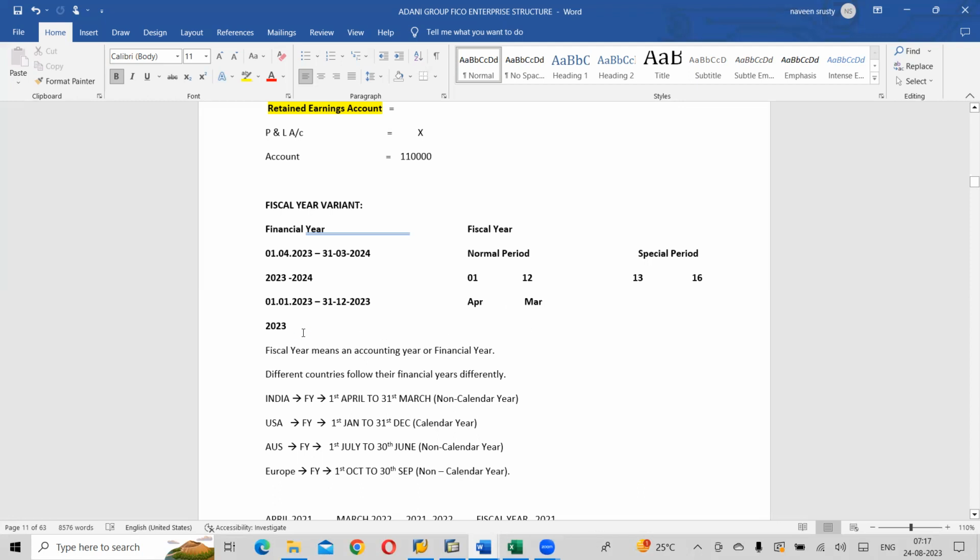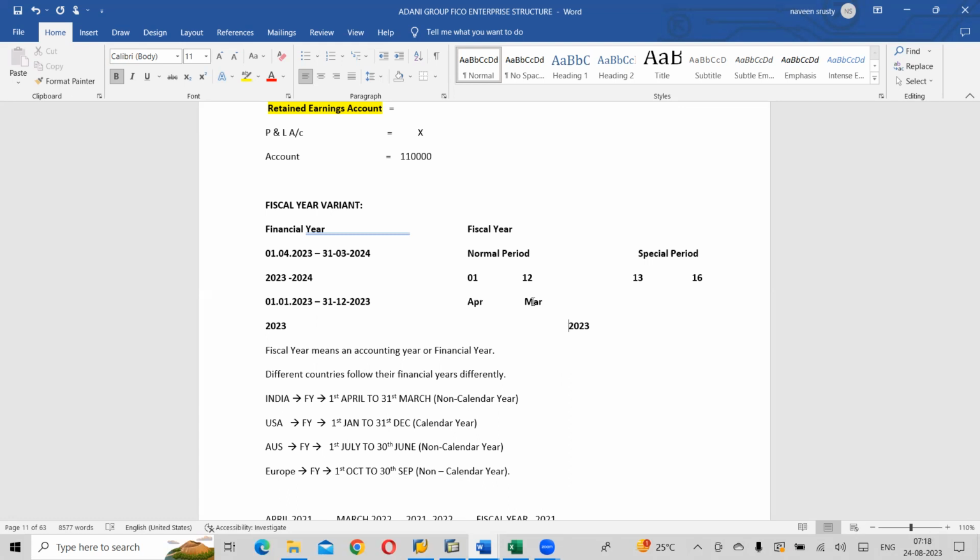Even though it's related to 2024, we will call it the 2023 fiscal year. What is a fiscal year here? We won't call it financial year 2023-2024. We will call it 2023, even though 3 months are falling in the next year.